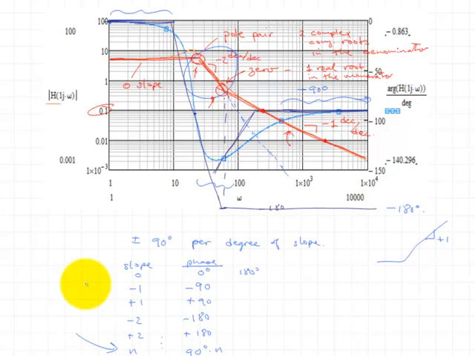And it's somewhat of a function of how close your various breakpoints are. If things are really spread out, then you can draw it very accurately. If you have a lot of breakpoints close together, and as an example here, this pole, double pole, and then this 0, they're pretty close together. Why do I say they're pretty close? Well, they're within the same decade.